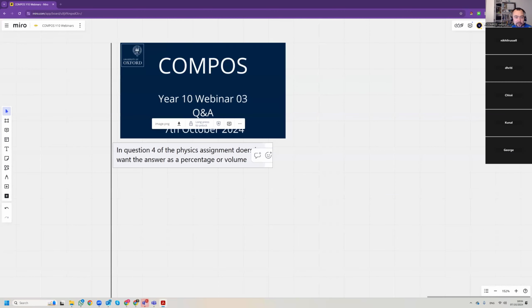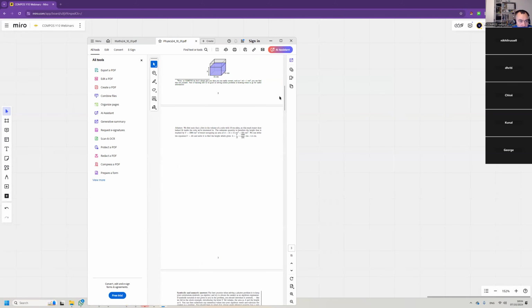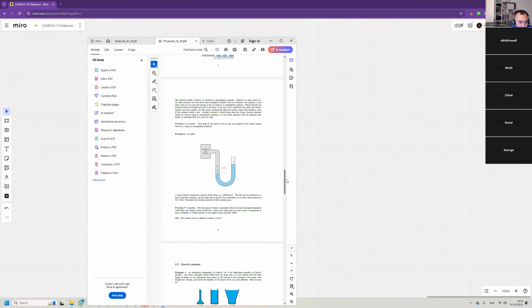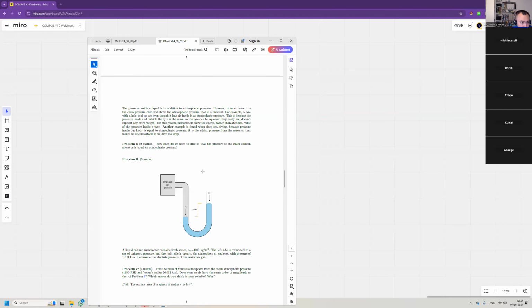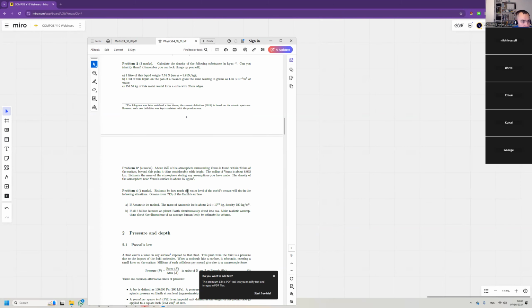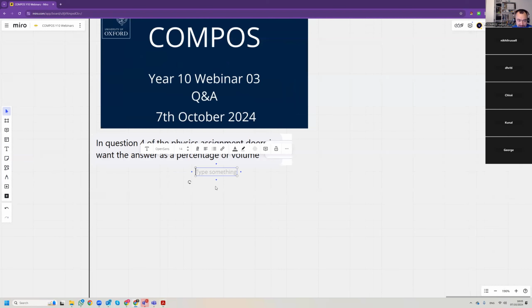Question 4: estimate how much the water level will... No, it wants it in meters. Meters. So the answer is you need to use meters.